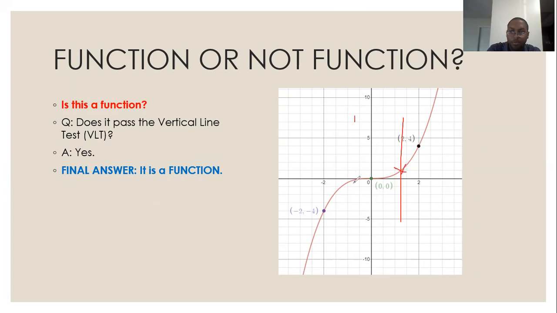How about here? Once. How about here? Once. So as you can see, any line that we draw that goes straight up and down is only going to go through it one time. So that means it is a function. That's your whole criteria. Don't overthink it. Just make sure you keep it straight.